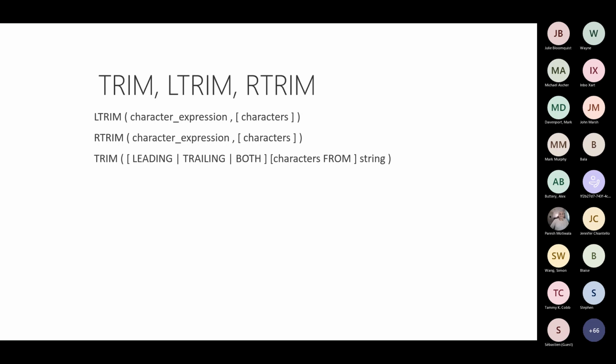Previously, L-trim and R-trim removed only spaces at the beginning and the end of the string. And trim has this new parameter: leading, trailing, or both, that you can define if you want to remove characters at the beginning, the end, or on both sides of the string value. We will see in the demo.